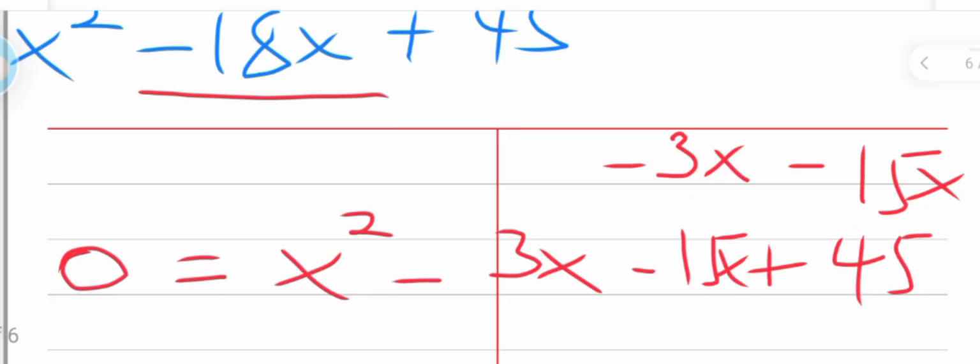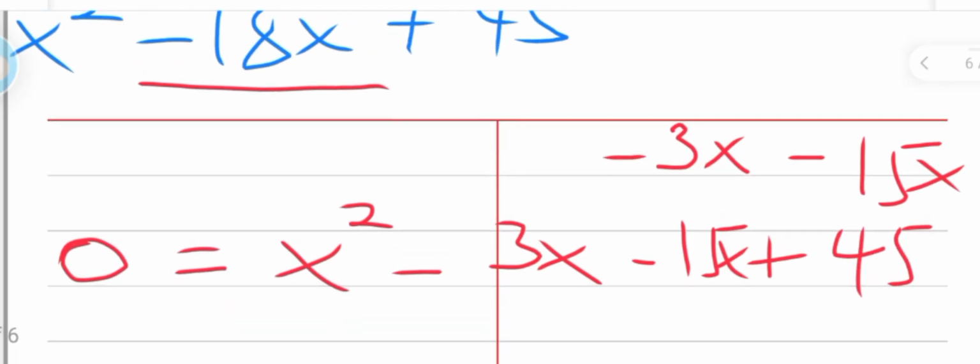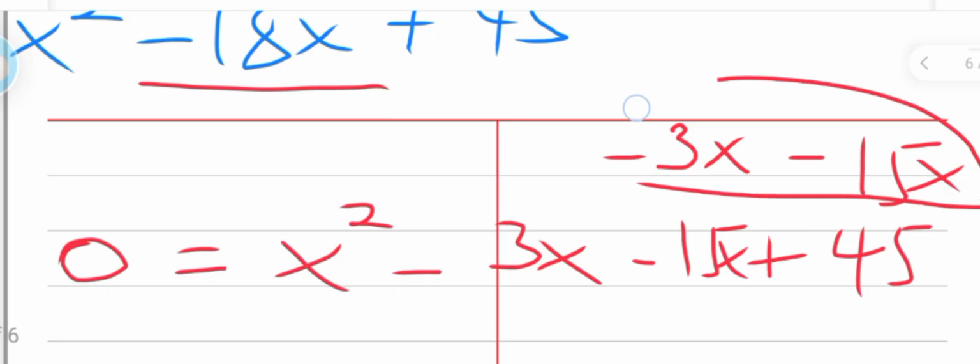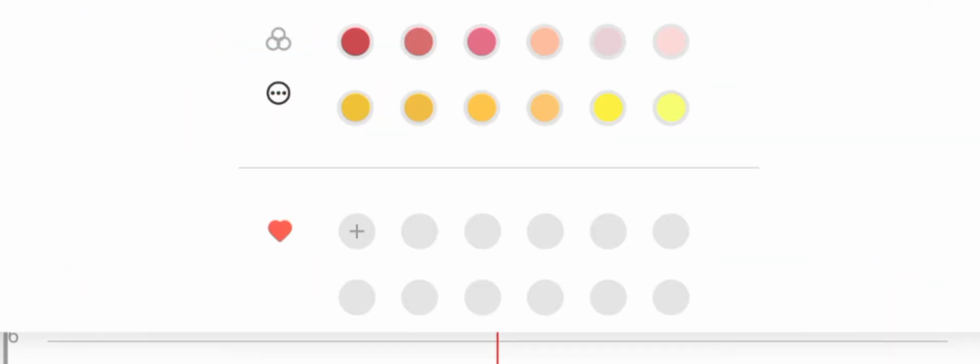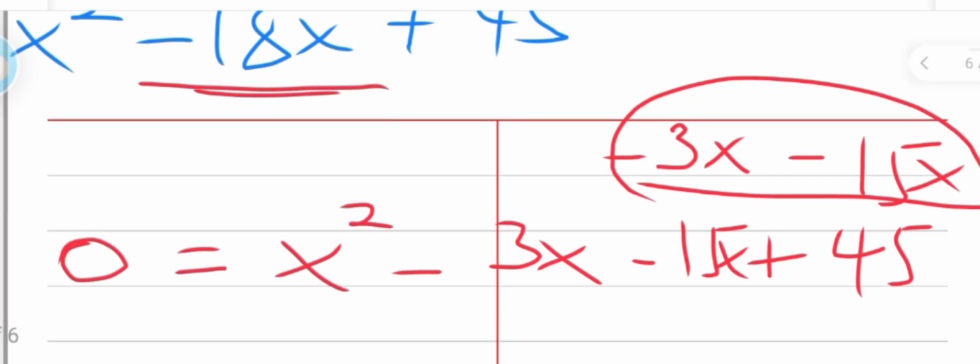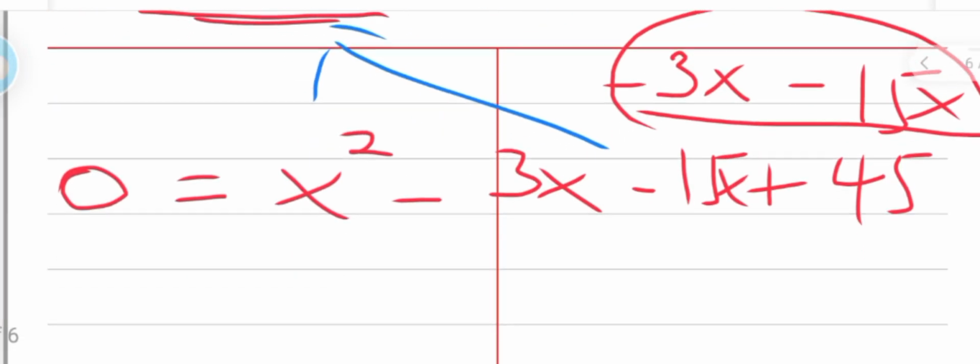Let's take good care of what we did here. We replaced this part of the equation with 18, and remember, we have not changed anything because negative 3x plus negative 15x still gives us negative 18.